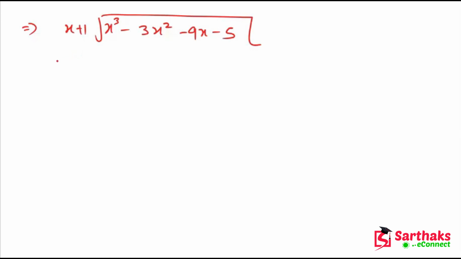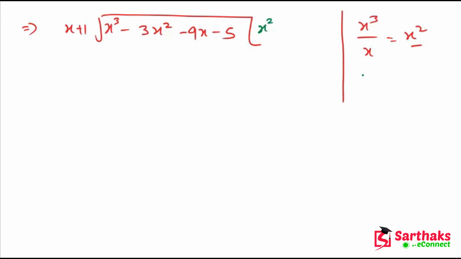Here is x plus 1. First of all, we have to divide the first term of the dividend by the first term of the divisor. We get x square. This is the quotient of the first term, the first term of the quotient. So this is x square.